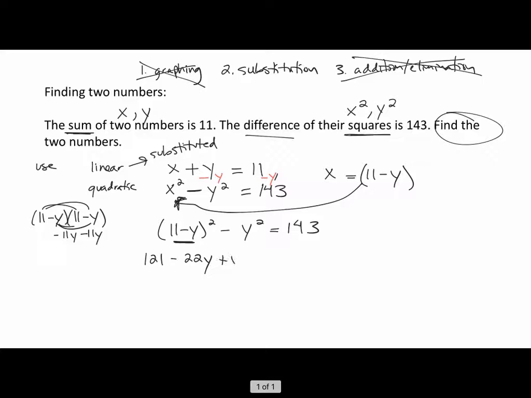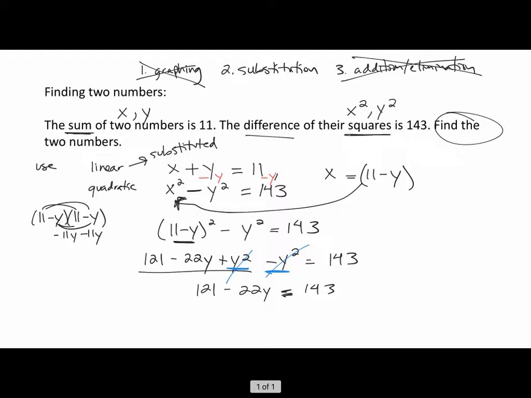And then plus y squared, that's the expansion. Now the rest of the equation, minus y squared equals 143. Okay. So like terms, y squared minus y squared, that's no y squareds. They cancel out. So that leaves 121 minus 22y equals 143.